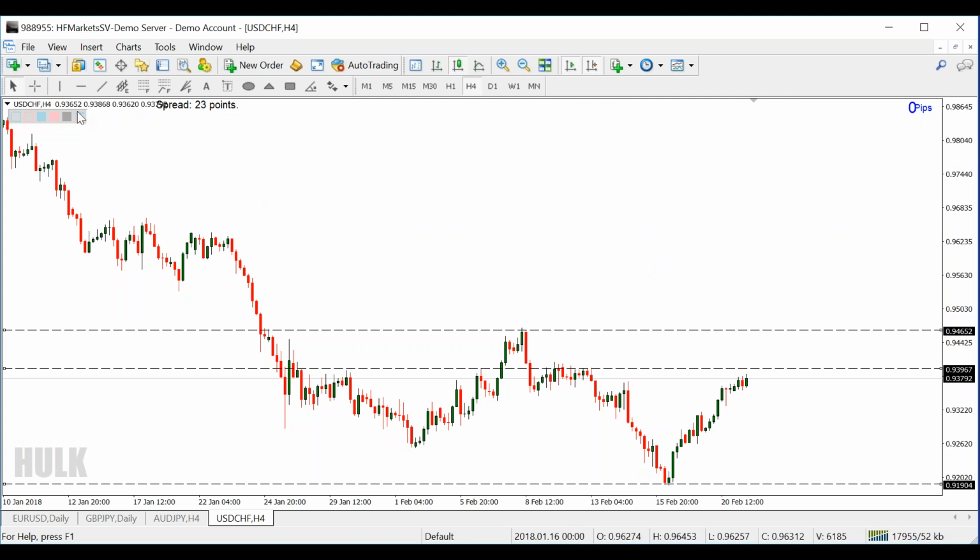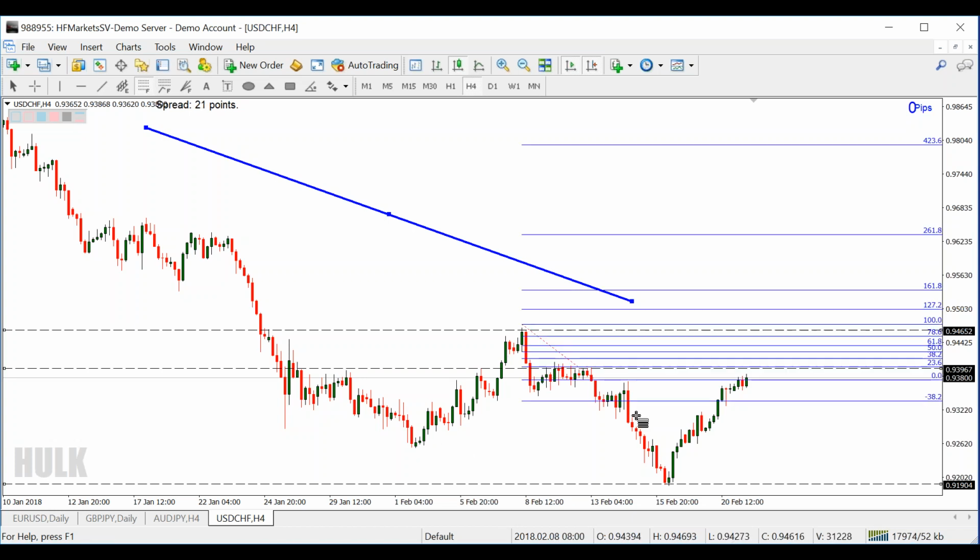So where is the next movement of the USD CHF? We can see the trend is a bit down. So what we do, focus on sell, swing high to swing low.